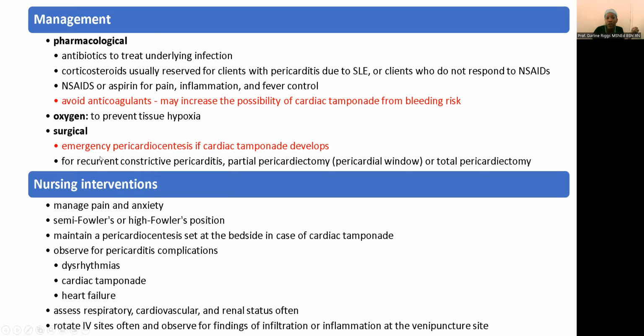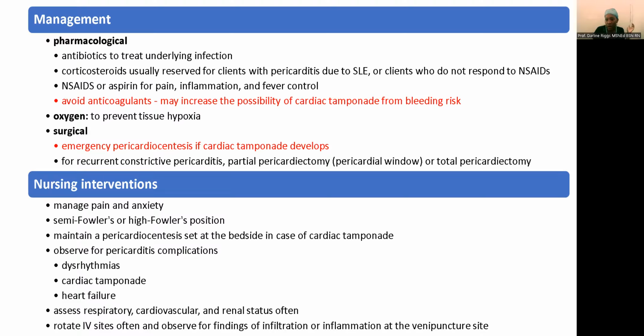So there's going to be an emergency pericardiocentesis done if they have cardiac tamponade, excess fluid between the layers of the muscle and the pericardium. That's the treatment. Emergency, the name tells you: pericardium, cardio, heart, centesis, removal of fluid.